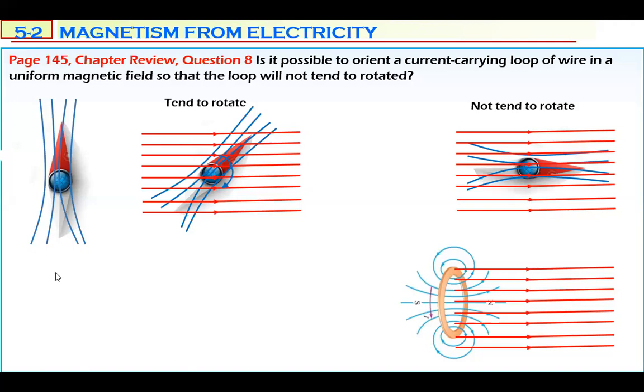At this orientation, when the loop's magnetic field is parallel to the external magnetic field, which means the plane of the loop is perpendicular to the magnetic field, it will not tend to rotate.